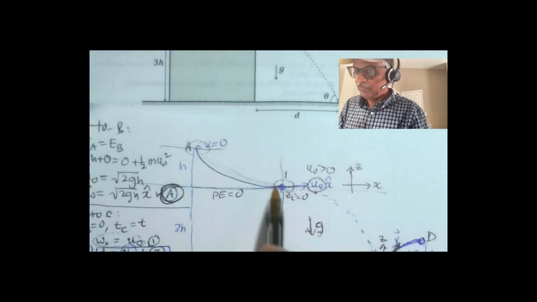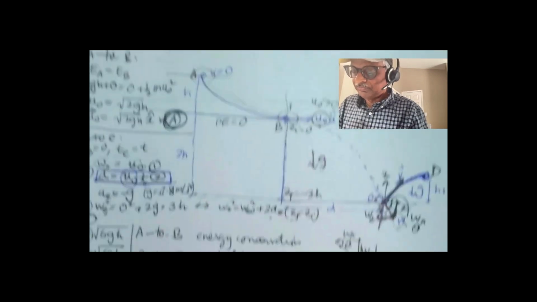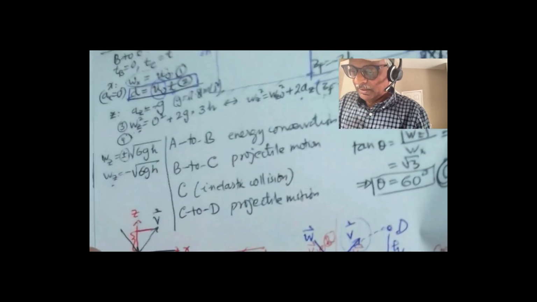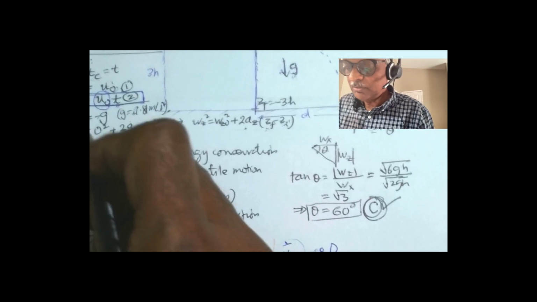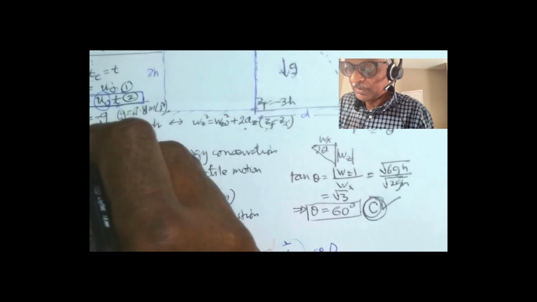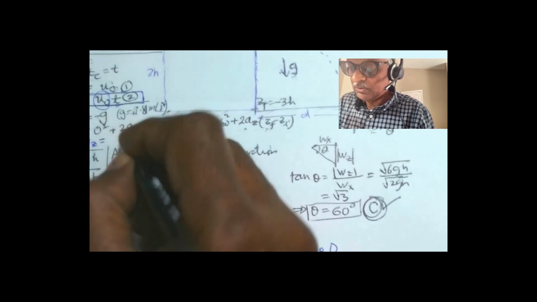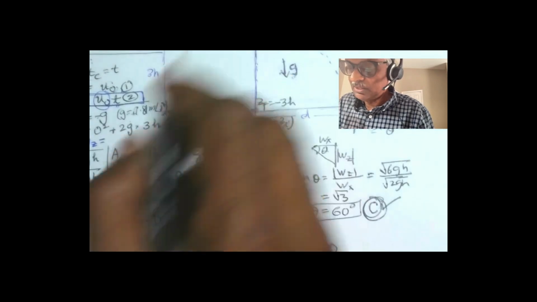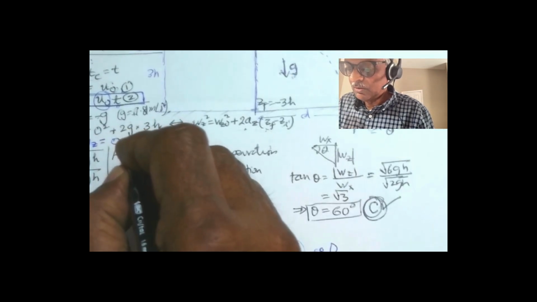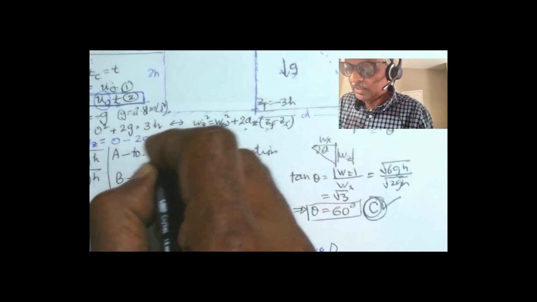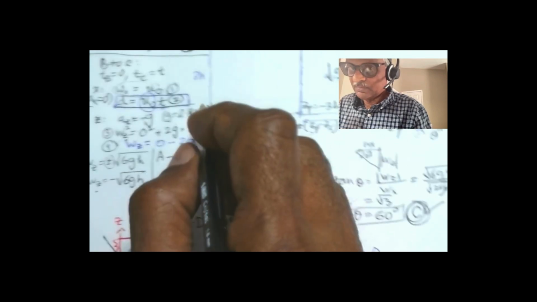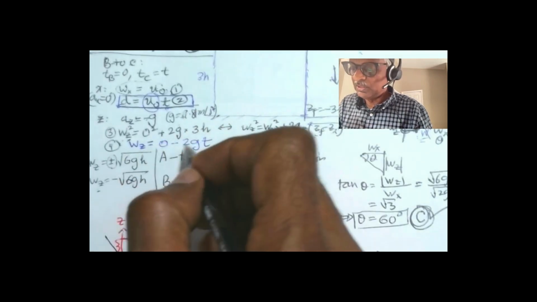Okay, so how about going back to this B to C motion, and we need the time part. For the time part, you can do WZ equal to start with 0 minus 2GT. If we use that equation, because we already know what WZ is.